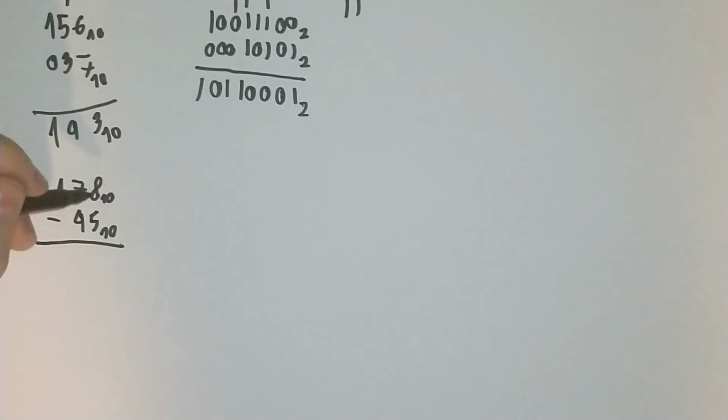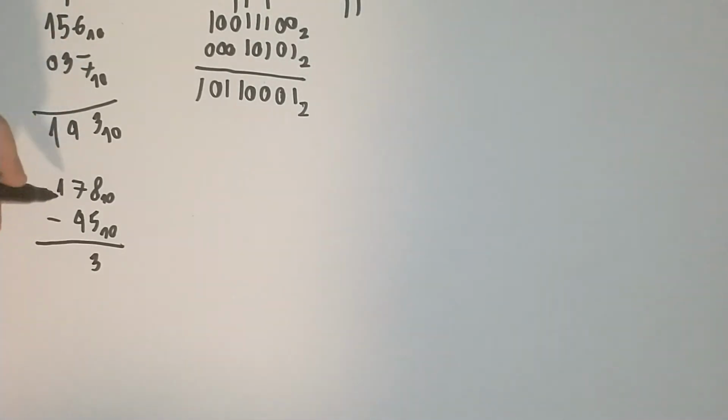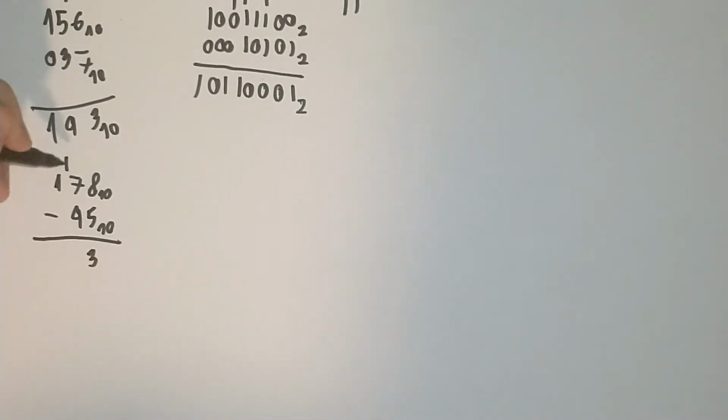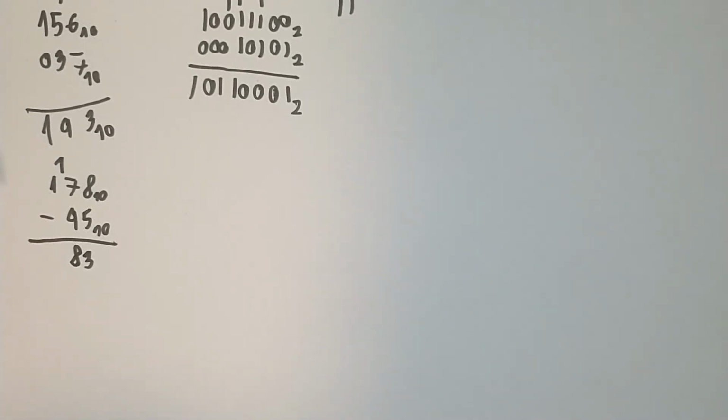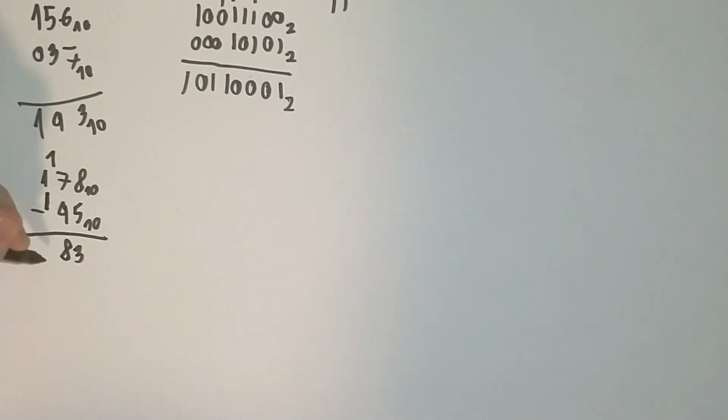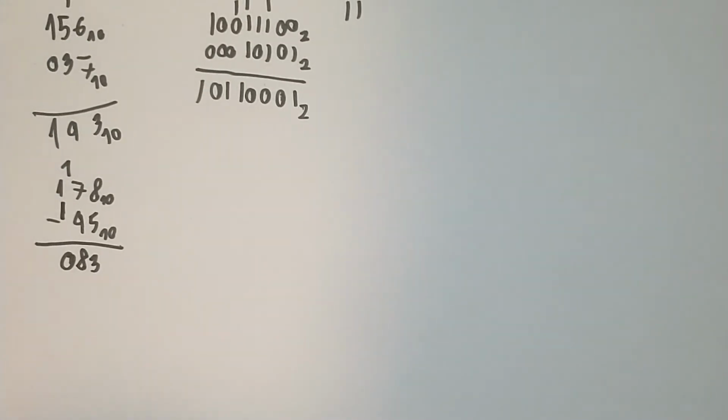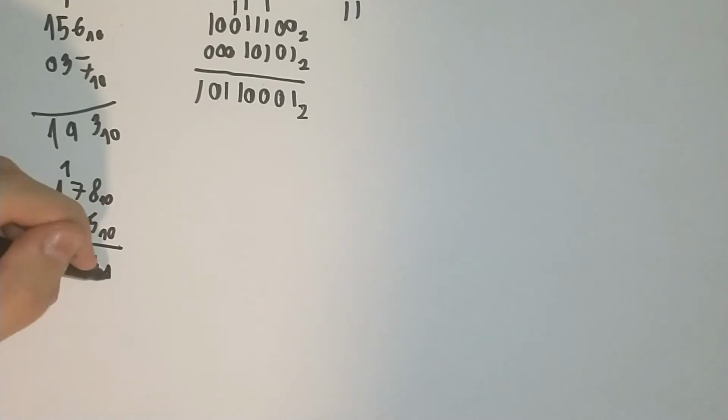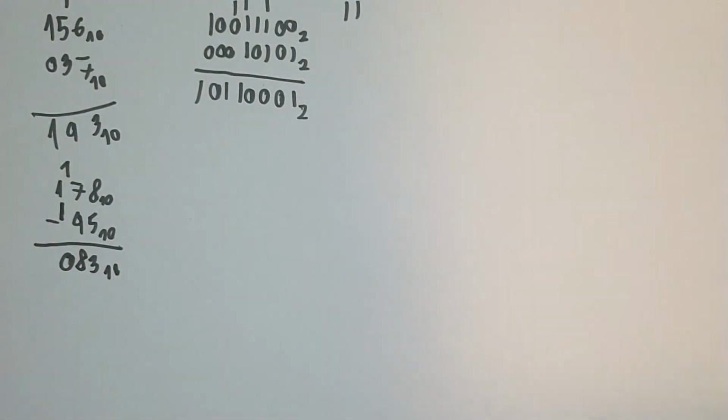We take 8 minus 5, which is 3, and then we do not do 7 minus 9, but we do 17 instead. So we borrow a 1 over here, which gives 17 minus 9, which is 8, and then we take this one and put it over here and subtract 1 minus 1, which is 0. And that's basically the subtraction in base 10, nothing new, I assume.